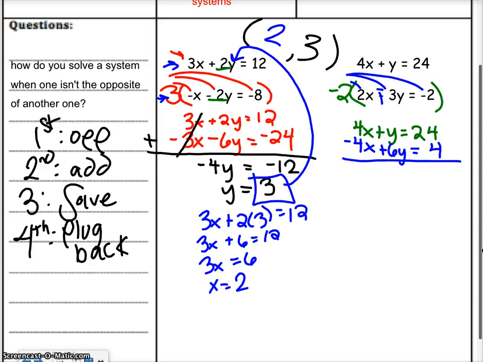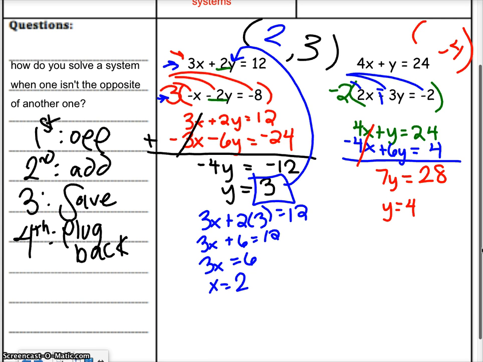Now I can cancel. What cancels? 4. Yep, that canceled out. 1y plus 6y is how many y's? 24 plus 4 is what? 28. Y is 4. So that was the solving. Now I plug back.